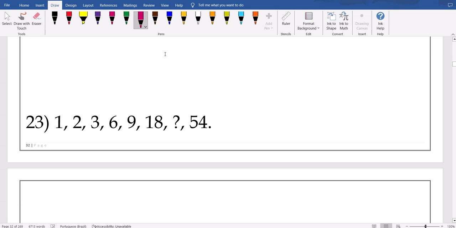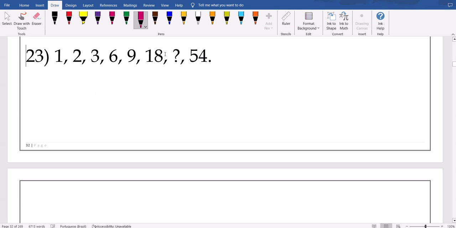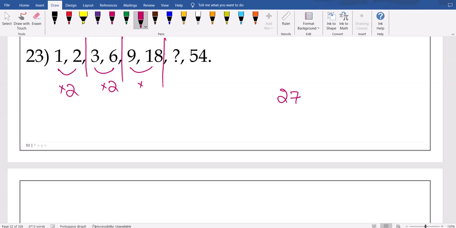So what about this? If you divide, okay, then multiplied by 2, the answer is 27. Every pair is multiplied by 2, right? The other logic also is there.